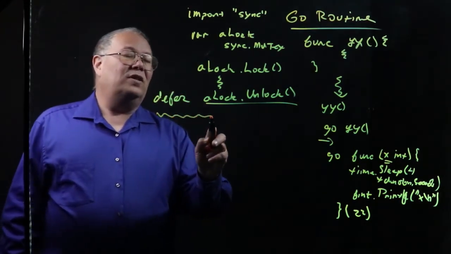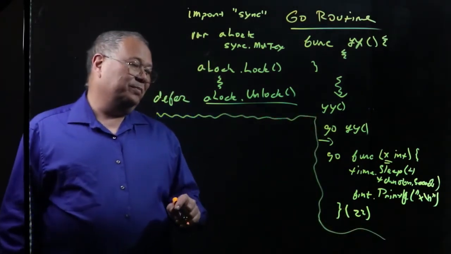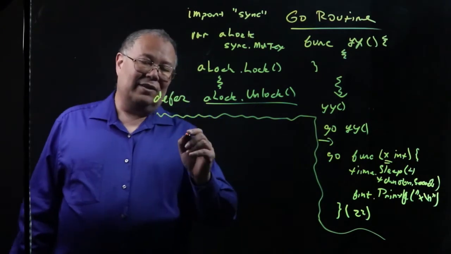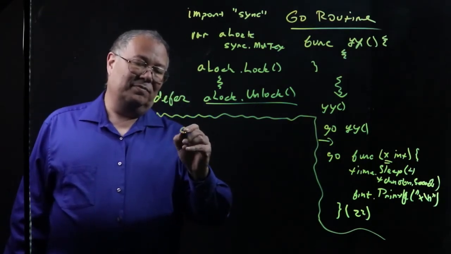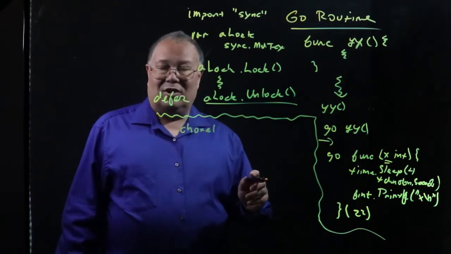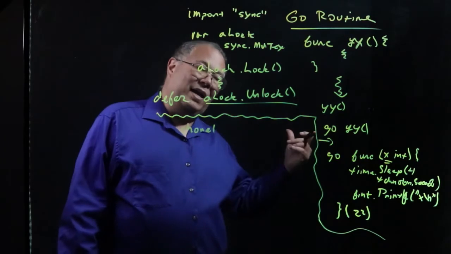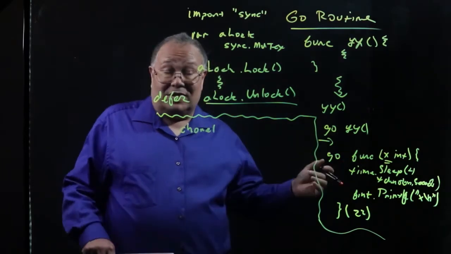But with all of these concurrent things, we need a way of sending data back and forth, and there are channels. Channels are communication points that you can send stuff into and get stuff back out of, and they can be different sizes.